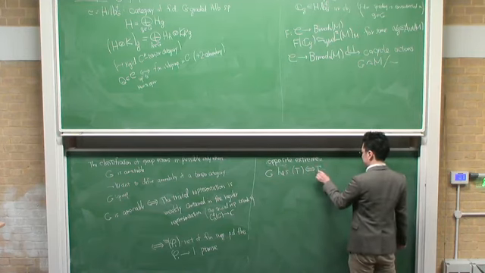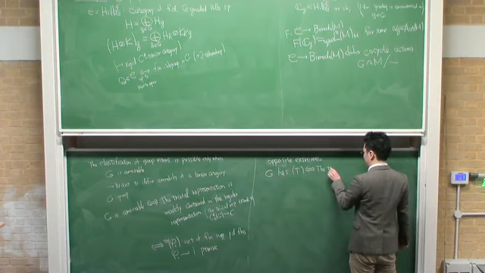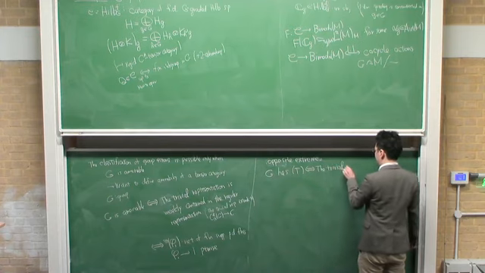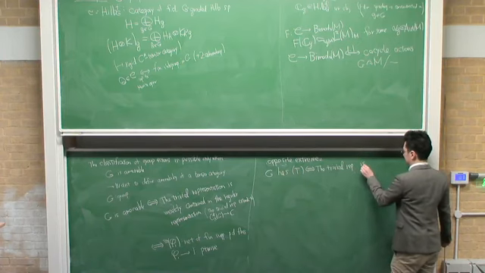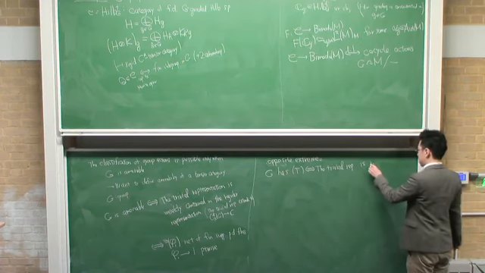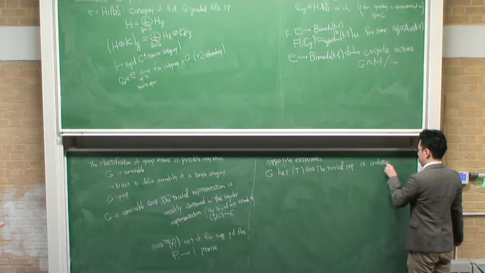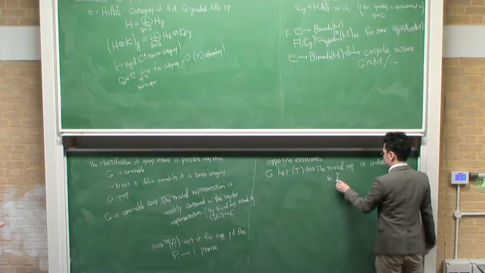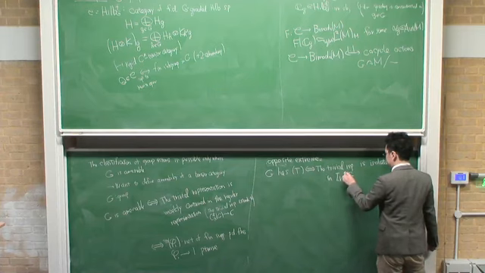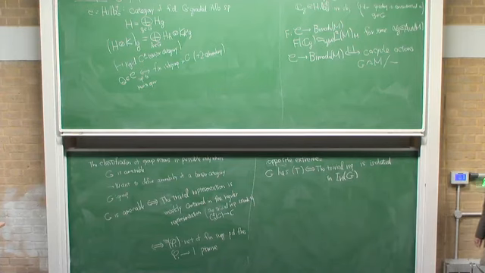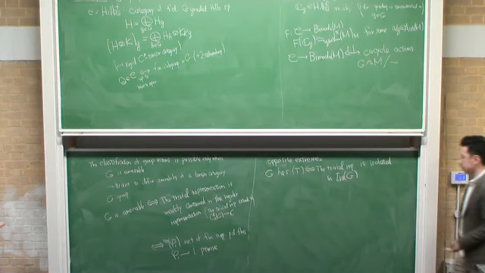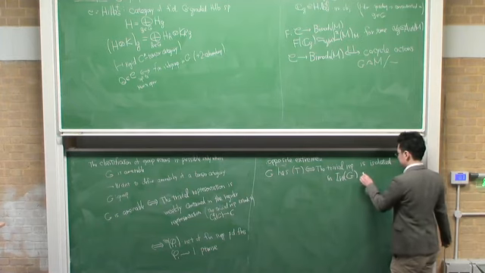the trivial representation is isolated in the space of irreducible representations of G. So actually, the space of irreducible representations of G carries a natural topology, the so-called Fell topology.